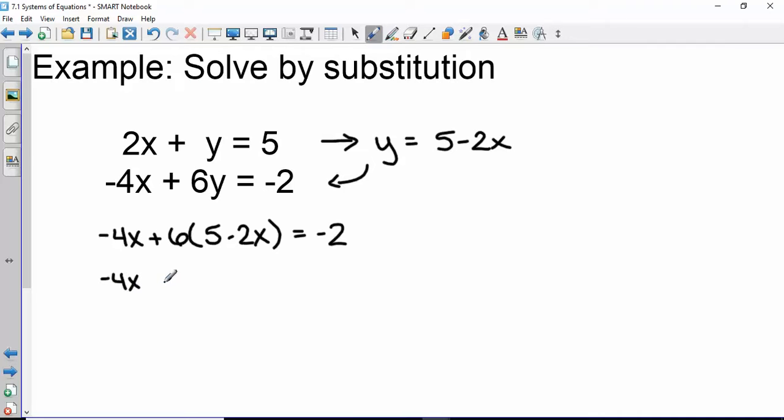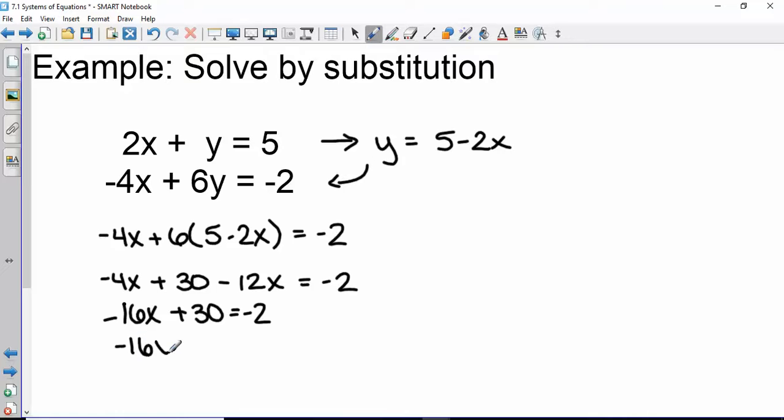So negative 4x plus 30 minus 12x equals negative 2. Negative 4x and negative 12x is negative 16x. Subtract over the 30.